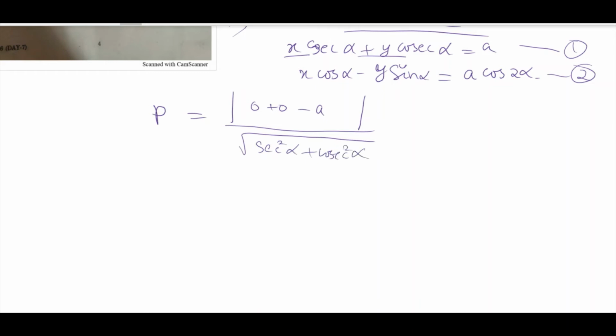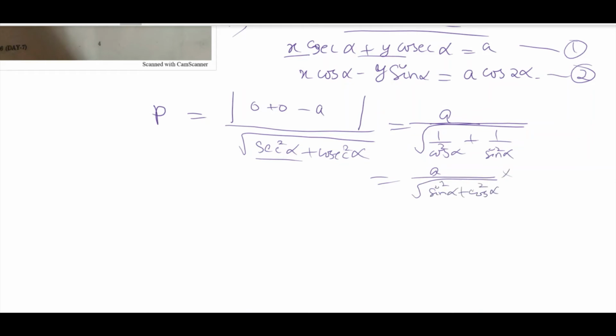This is the p value, that equals a by, secant square alpha equals 1 by cos square alpha, and cosecant square is 1 by sin square alpha, that equals a by, taking the LCM, (sin square alpha plus cos square alpha) by (sin alpha into cos alpha), that equals a into sin alpha cos alpha.